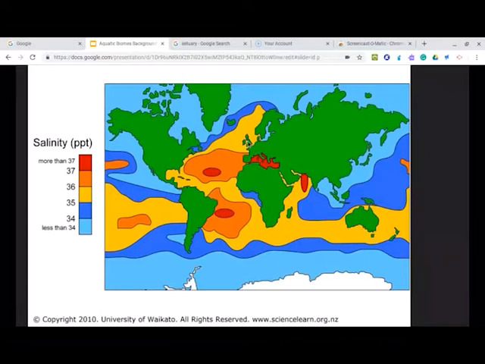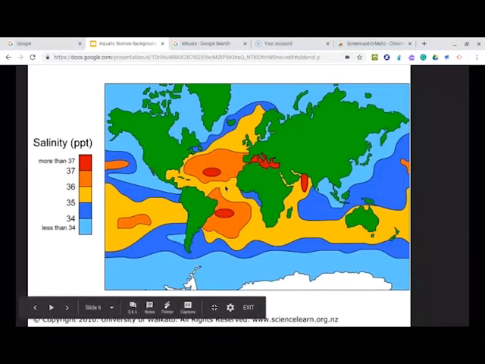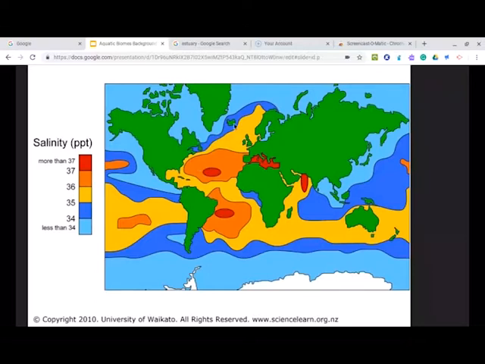It's not enclosed, but it has these bordering continents, which doesn't let as much mixing, or the salt escape as quickly. You also have the Sahara Desert right here, and wind and water interact pretty effectively.